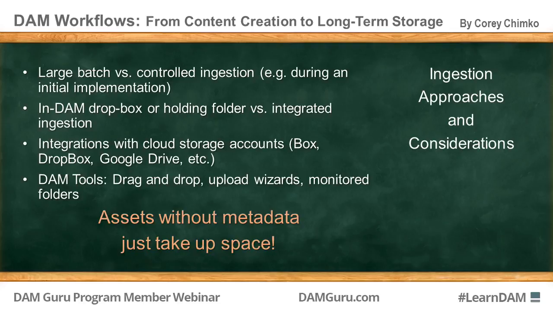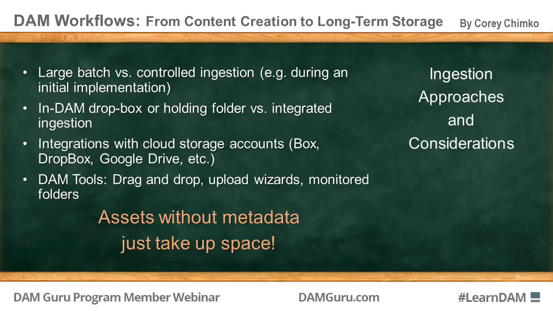I get a lot of questions about ingestion when people are first implementing their system, usually. So they have this gigantic hard drive or a server or something that has a bunch of images or assets on it, and they want to just get those things in the system as fast as they possibly can so that everyone can search for them and find them.